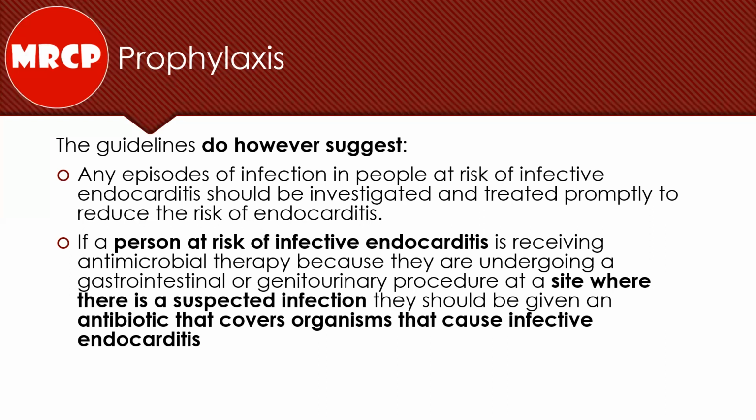If you have a patient at risk of infective endocarditis who will have a genitourinary, dental, or gastrointestinal procedure, and it happens that at the site of the procedure there is an infection.